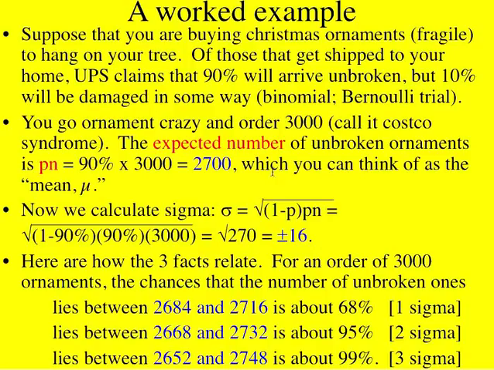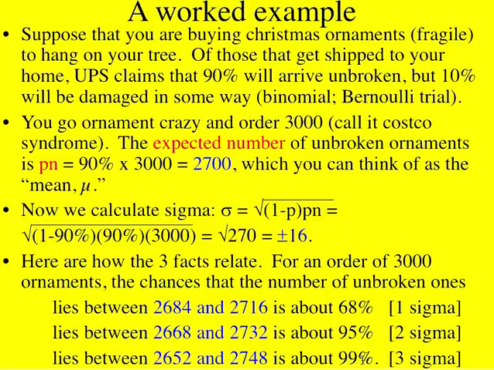So you're saying that given these facts, 90% will arrive unbroken, 99% of the time you're going to find the actual number of unbroken ornaments between these two numbers. That's your range of what you could expect. Now, it might fall outside that range.